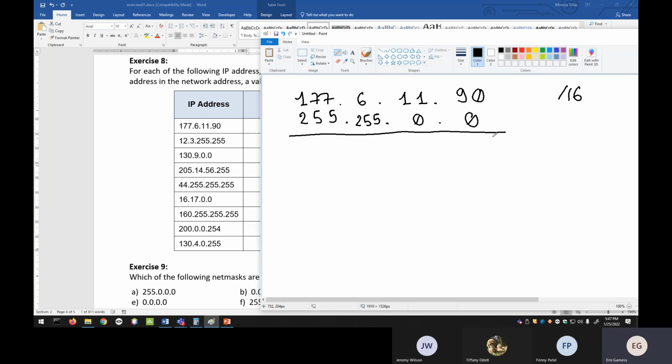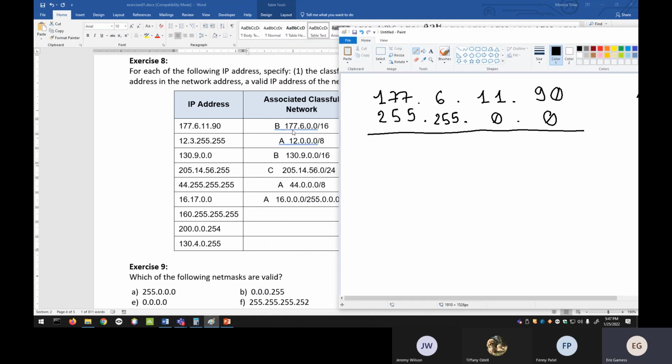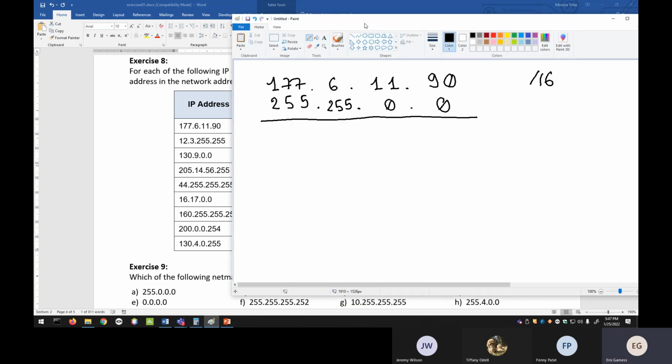So to get the associated network address, I want to get 177.6.0.0. The operation that you need to know is a bitwise AND. You can put that in binary, but you are going to lose your time. So if I have a byte, any byte, and I do a bitwise AND with 255, what will be the result?